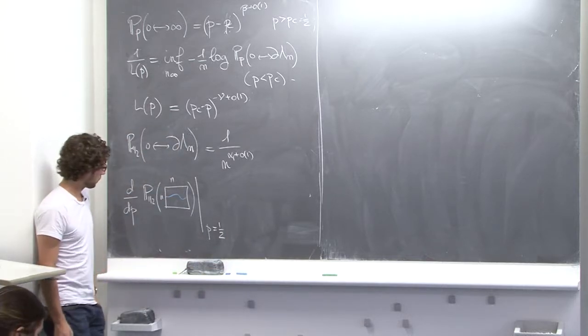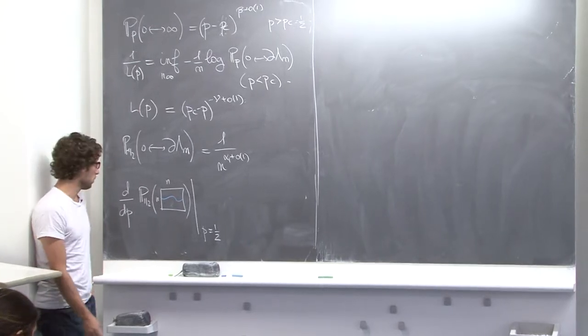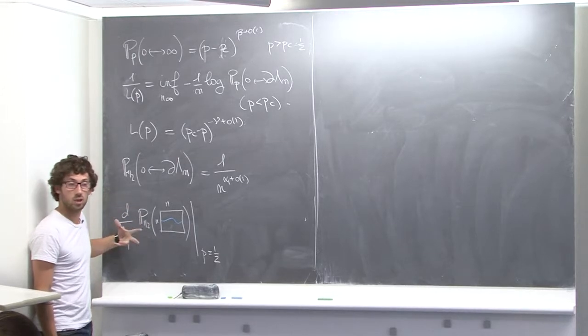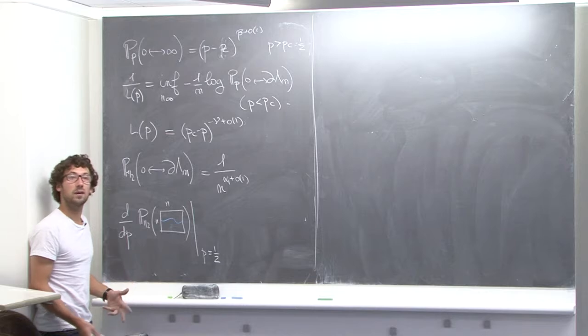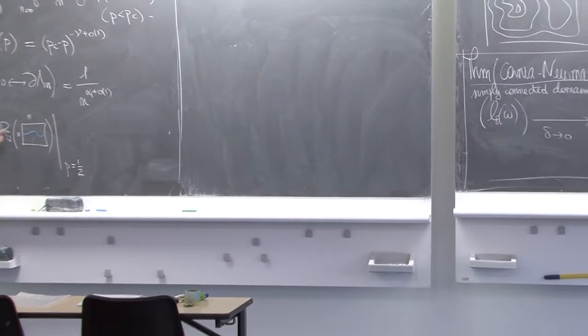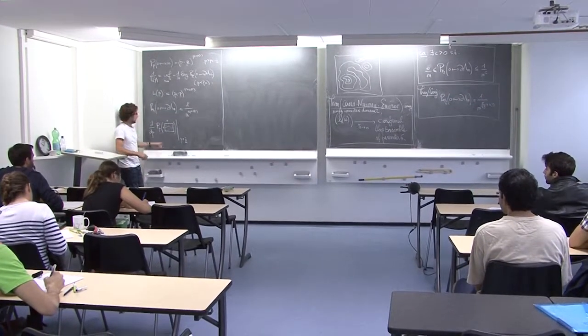A priori, we know that this quantity is roughly half, but the derivative has no reason to be bounded or anything like that. I think it should be probability at p. Yeah, from this point of view. Otherwise, it's not so interesting.